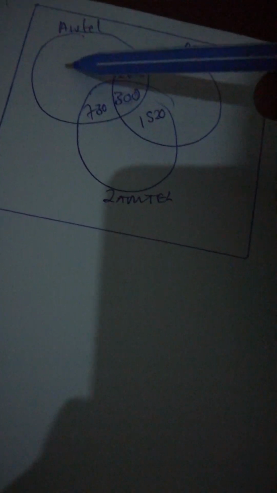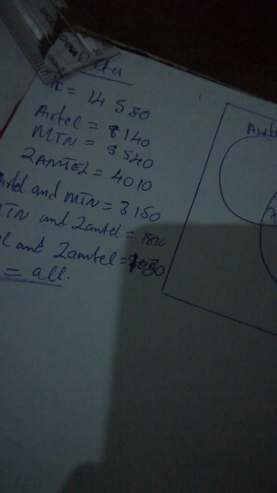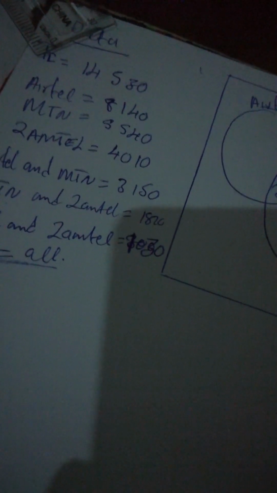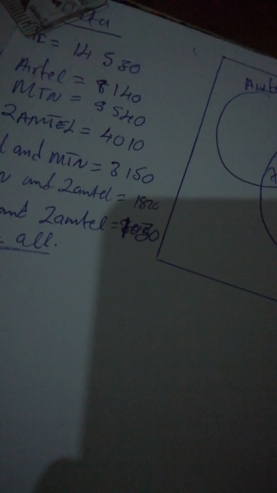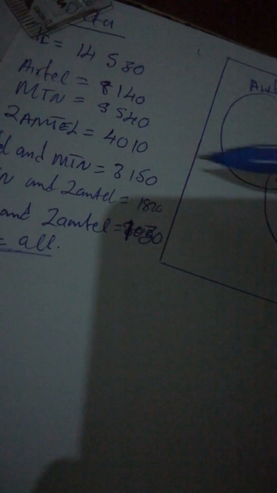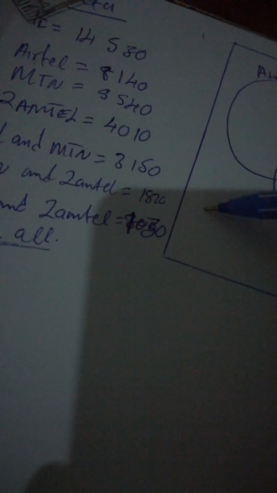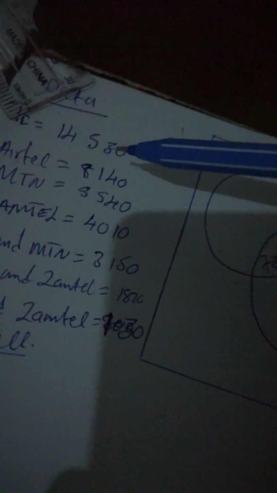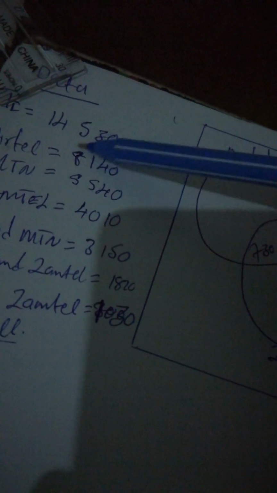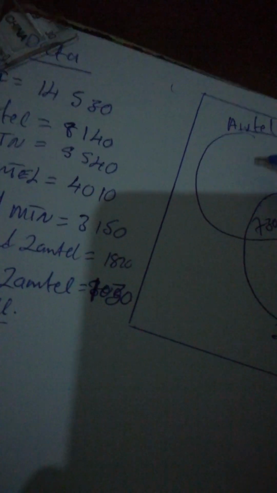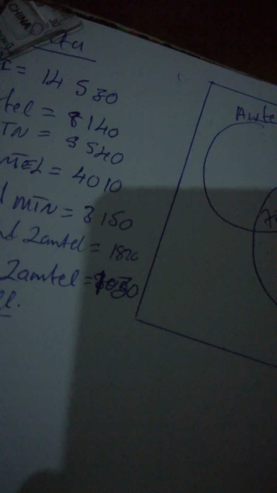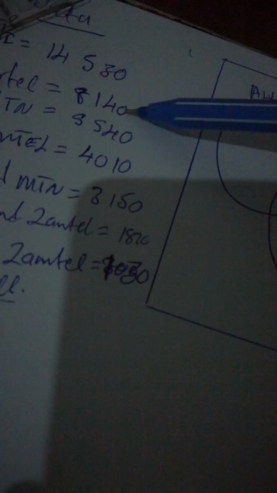We'll add what we have in the Airtel circle and subtract from the total number of those who used Airtel, and what remains is what to write in this box. Then if we add everything here, we should have the Airtel total.